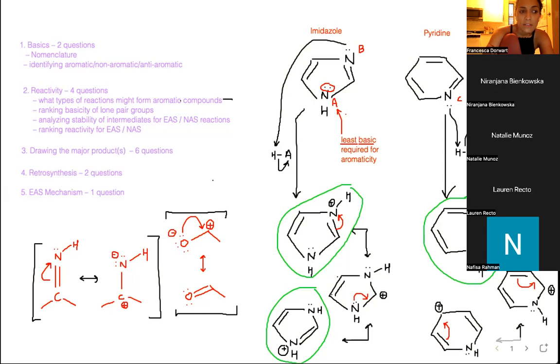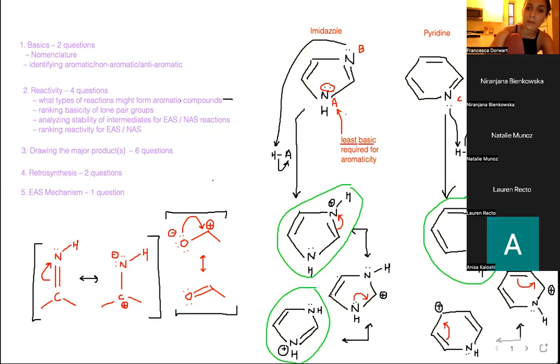When it comes to reactivity, we're going to do what we did in class, which is analyzing the stability of the intermediates. We're going to be ranking reactivity based on nucleophilicity or electrophilicity of the ring. We're going to be ranking basicity of lone pair groups, which we did right here on this page with imidazole versus pyridine. And we're going to be talking about types of reactions that could happen that might form aromatic compounds.